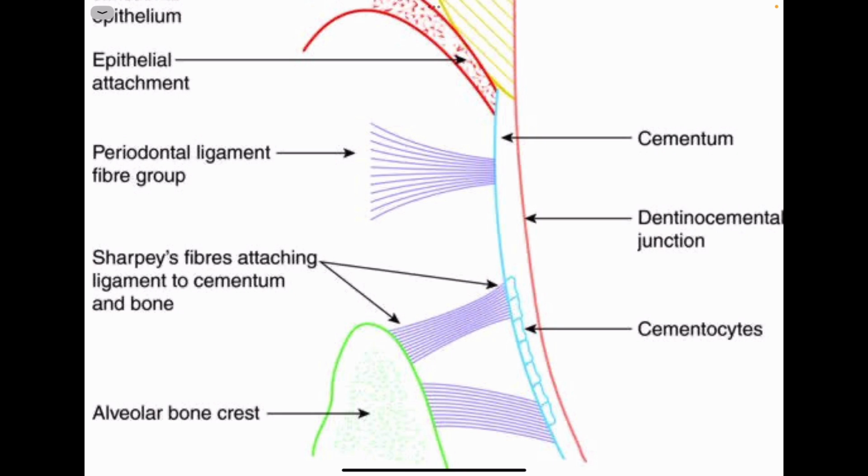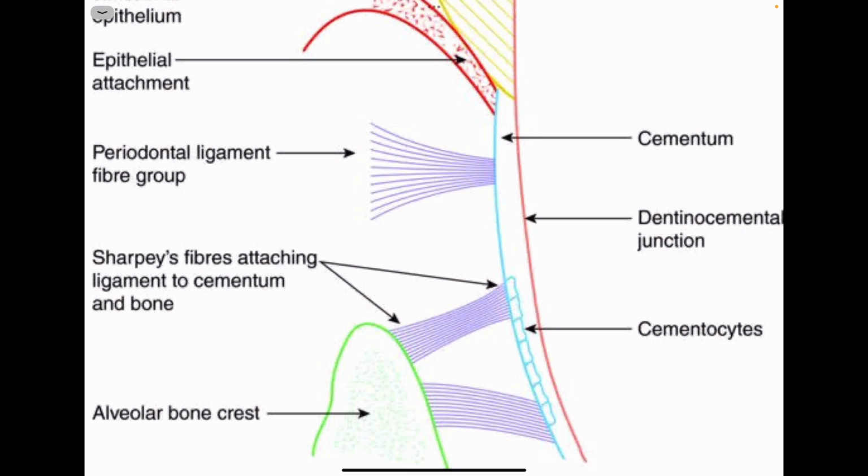Also, we can demarcate the interconnectedness of the Sharpey's fibers with the other structures. So this facilitates controlled movement of the tooth within the socket, and also resistance to the forces of mastication which are delivered onto the tooth surface. Then we have talked about controlled movement.